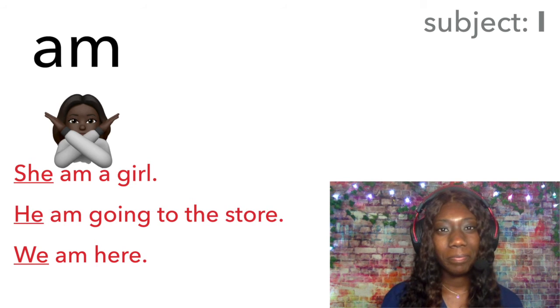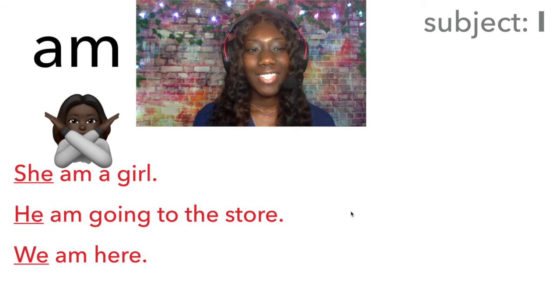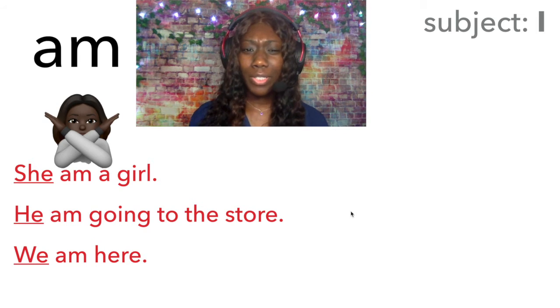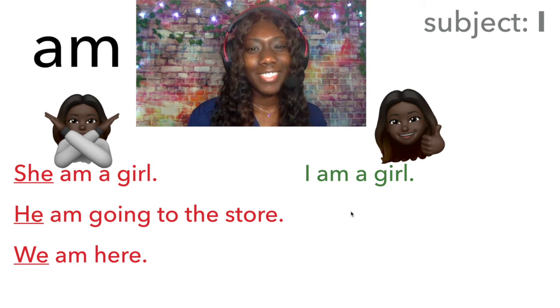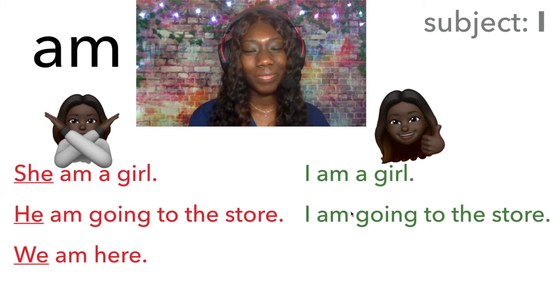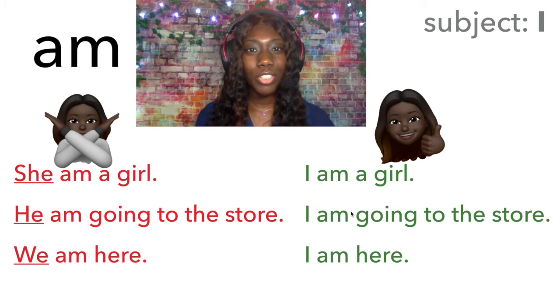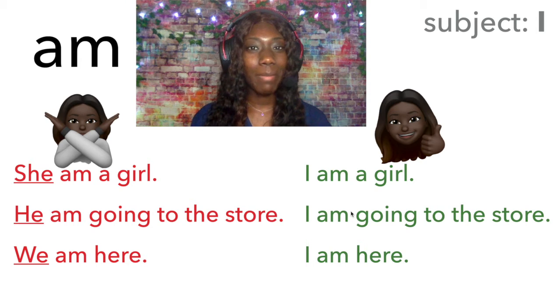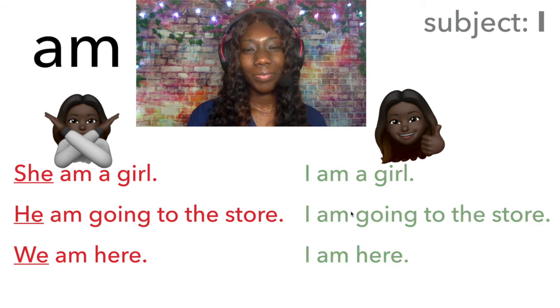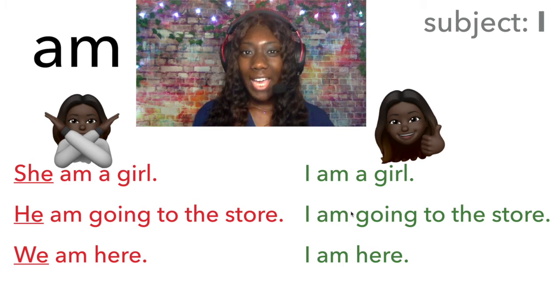You cannot say, she am a girl. He am going to the store. We am here. Nope, nope, nope. You must say, I am a girl. I am going to the store. I am here.